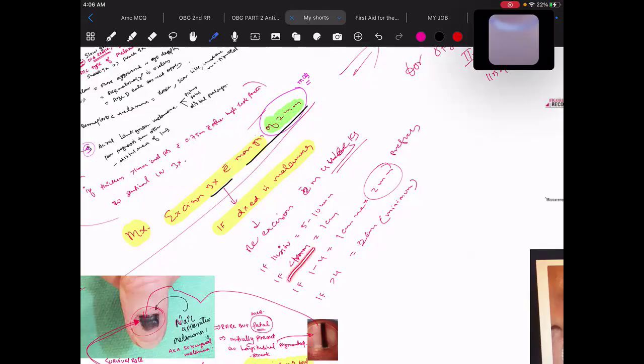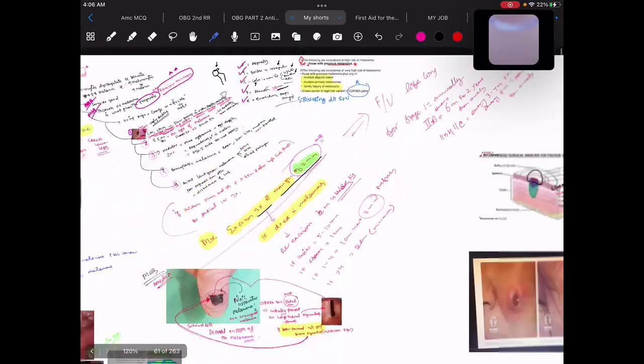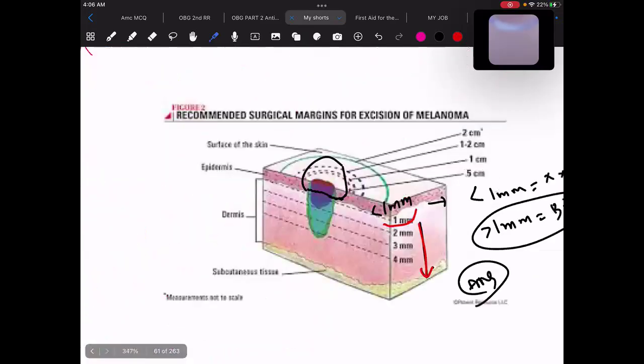If it is less than 1 mm thickness, we extend our excision to 1 centimeter. If it is 1 to 4, then we take 1 centimeter to 2 centimeters. If it is more than 4 mm thickness, we'll increase the excision to 2 centimeters, as you can see over here.